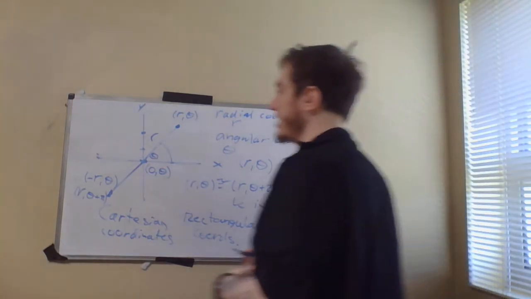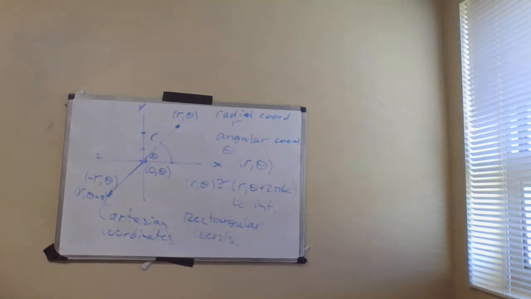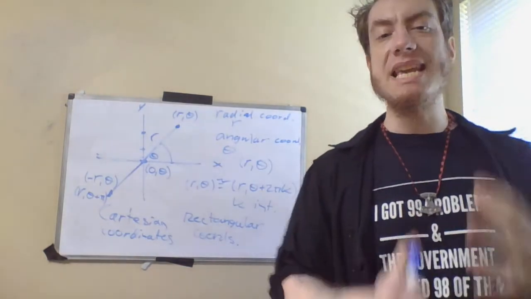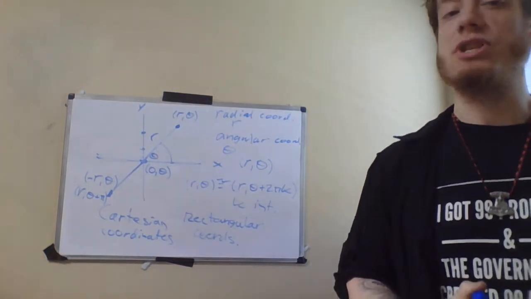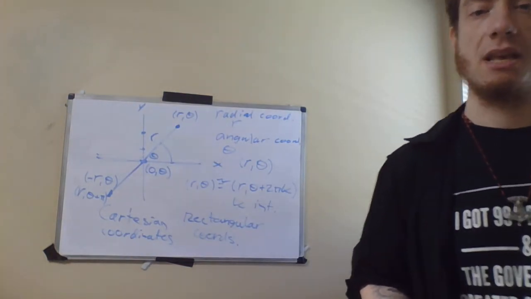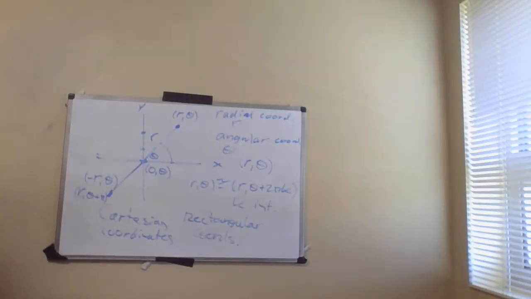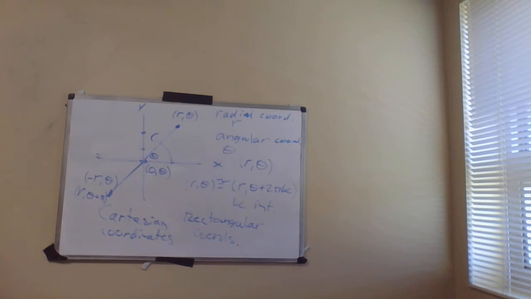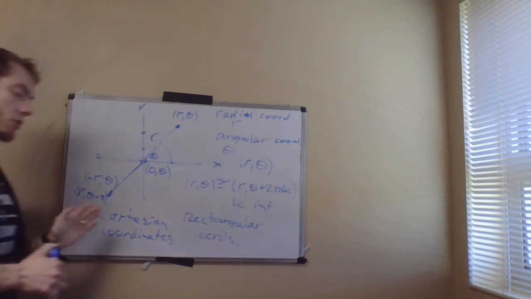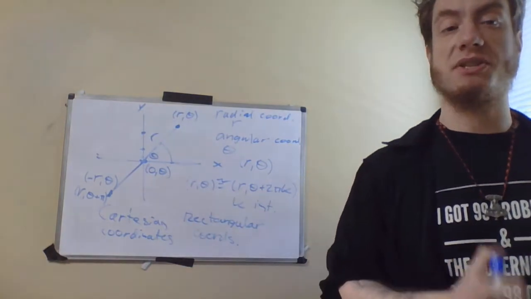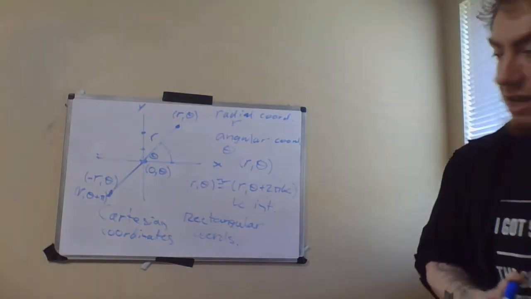There's no actual change here. And thus, we get this weird situation where points are not uniquely defined using polar coordinates. That's a downside compared to rectangular coordinates, because having each point uniquely associated with a single pair is pretty nice.